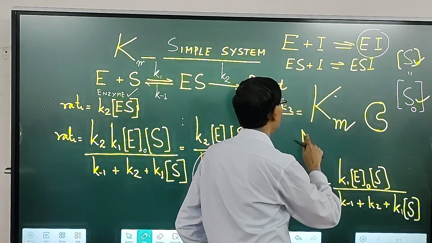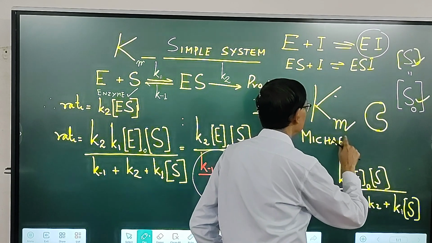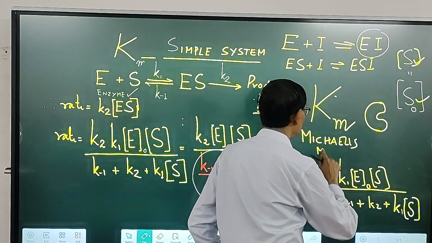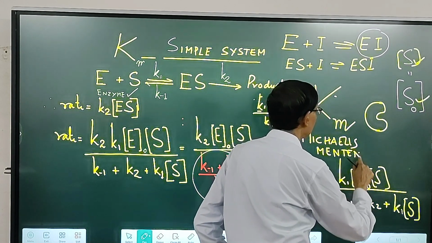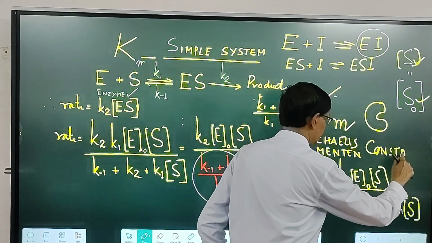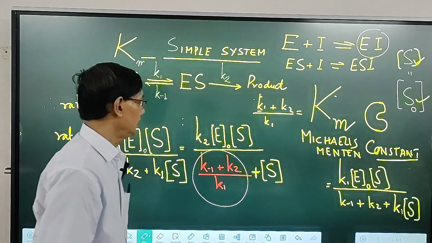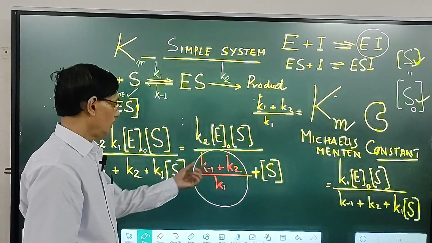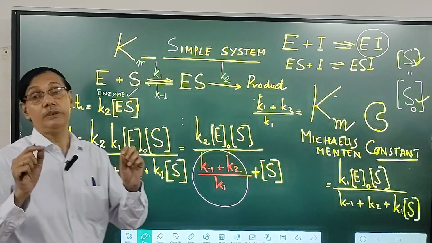So it is a very, very important reflection of any type of Michaelis-Menten constant. You will see some of the values of the Michaelis-Menten constant. Now the role of the inhibitor is there.